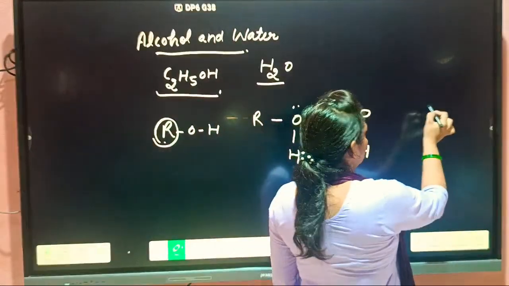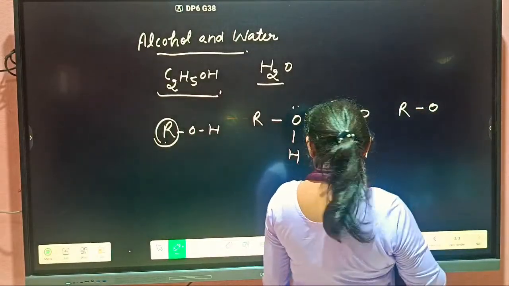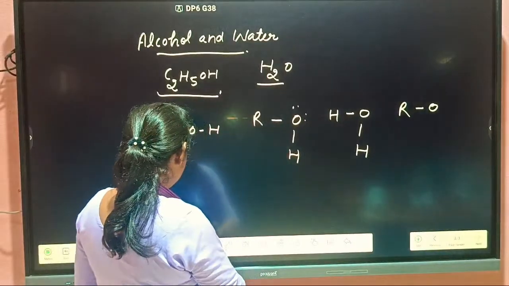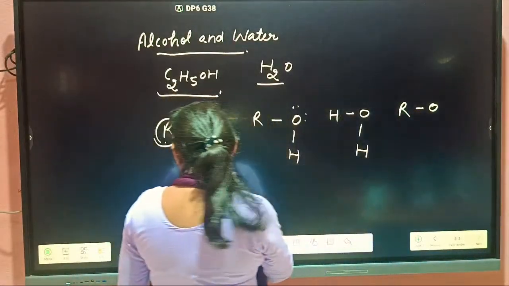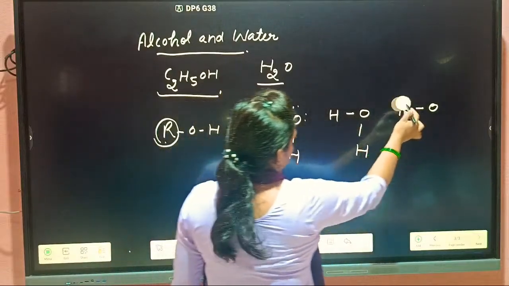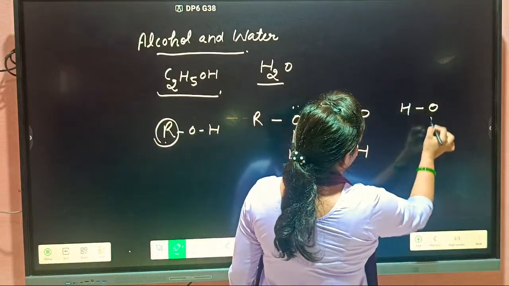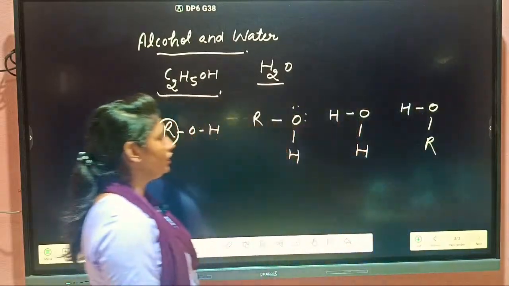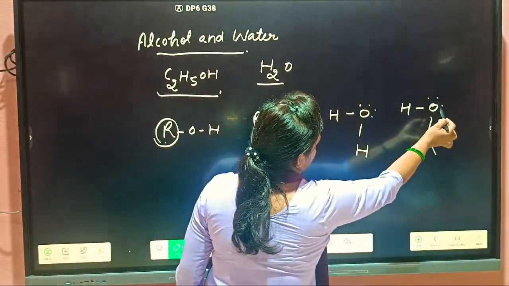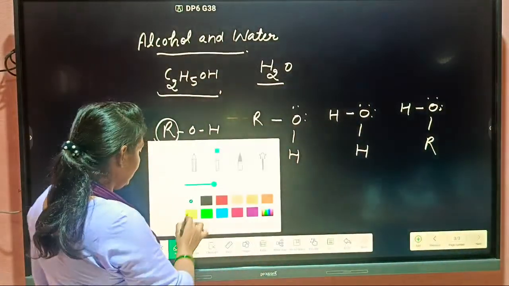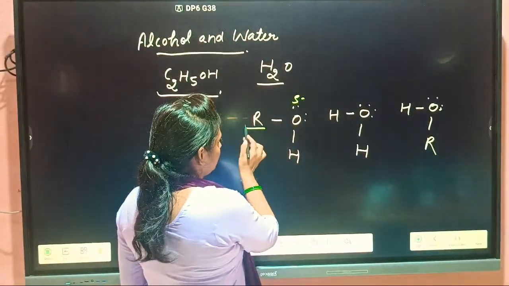One more alcohol molecule I have here. So here you can see, again, you know very well, oxygen is more electronegative as compared to this R group.